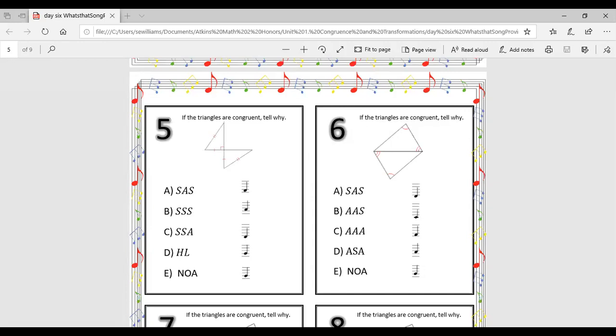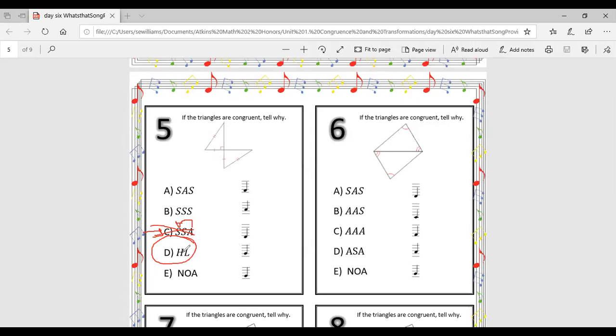You are supposed to be sending both answers in the same chat. Okay, number 5 is D, hypotenuse leg. Some of y'all chose C. Remember, this one is the bad word backwards, so once again, it can never be the answer.